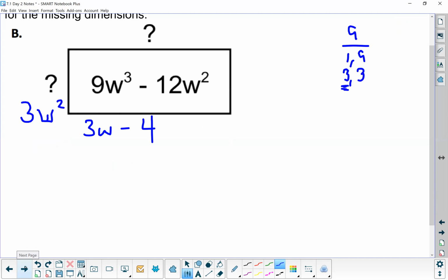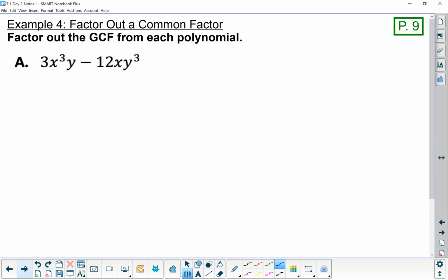I believe on the homework that you had on Wednesday, excuse me, we had a couple like this with more than one variable. So the rule is the same.